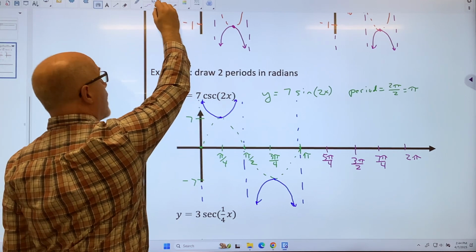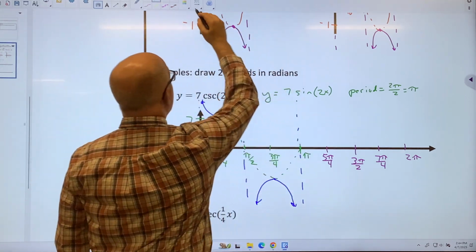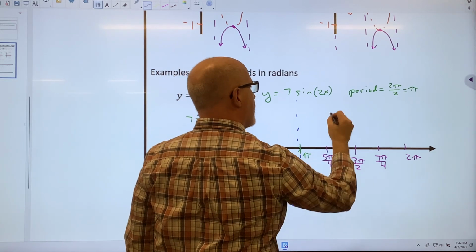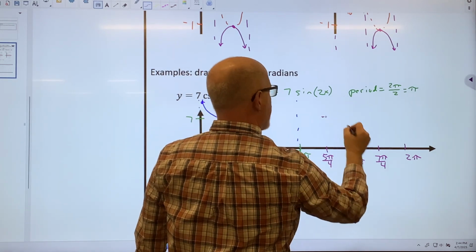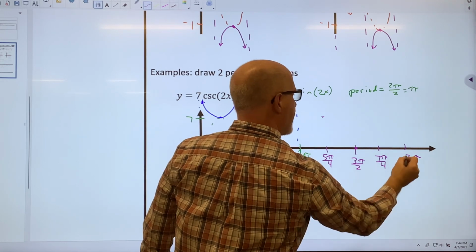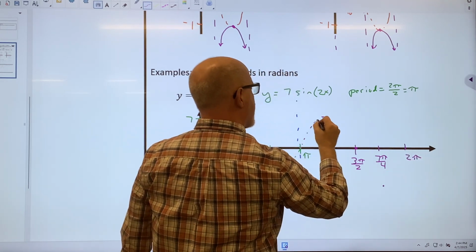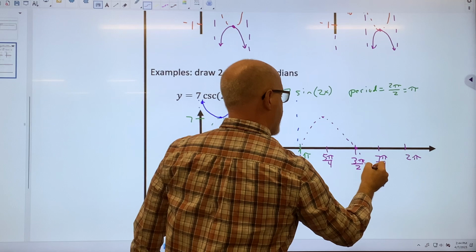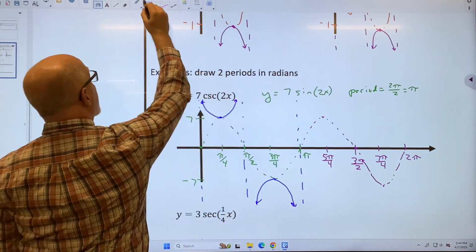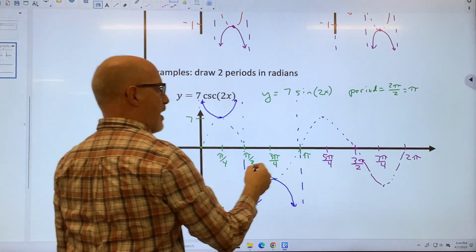Let's draw in our sine graph. So we're at the middle, we go to the top, to the middle, to the bottom, down here, and to the middle. So just a graph like this. And now we're going to go ahead and draw in our other period of pi.